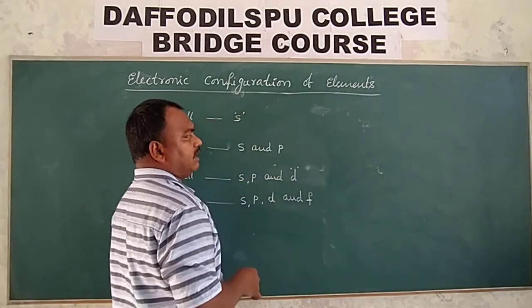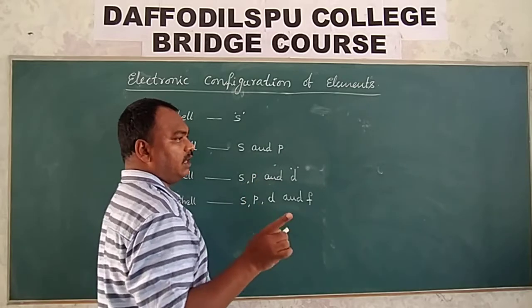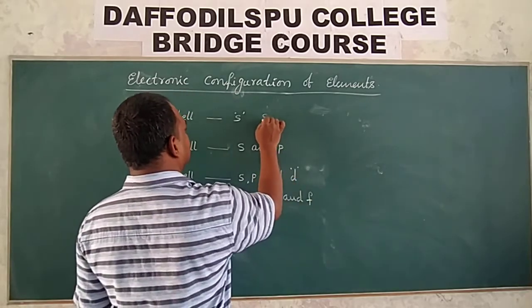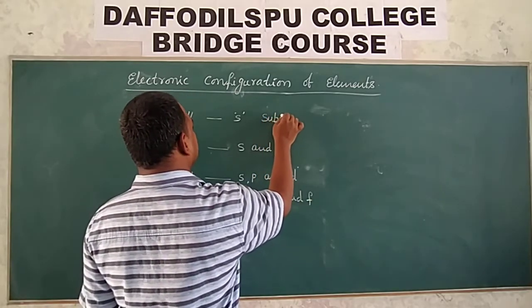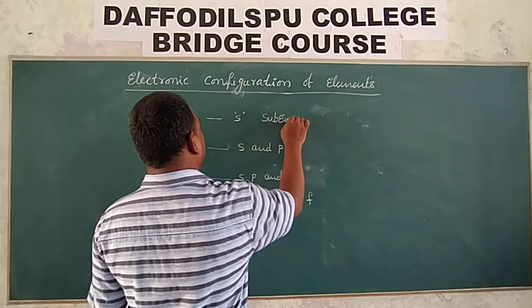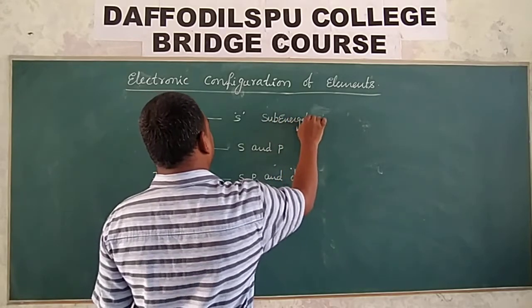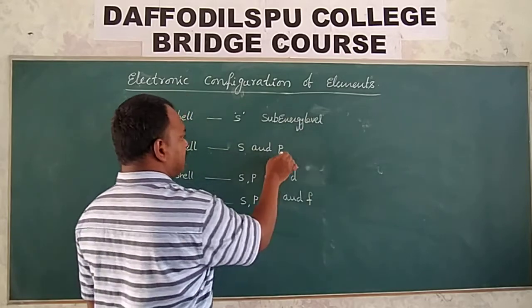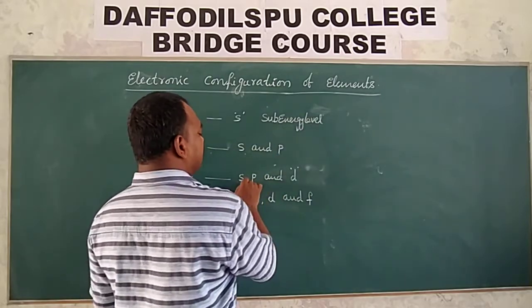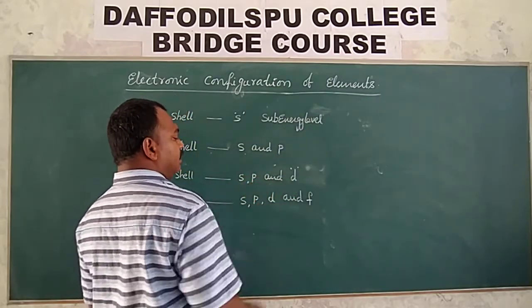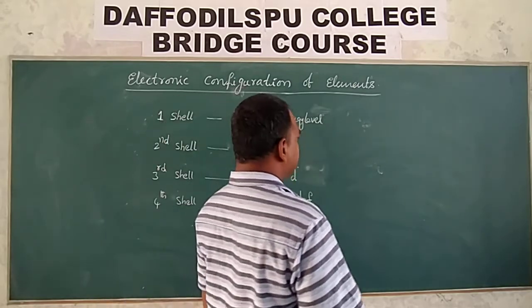S sub-energy level contains only one orbital. This is S, and P, SPD, SPDF sub-energy levels.